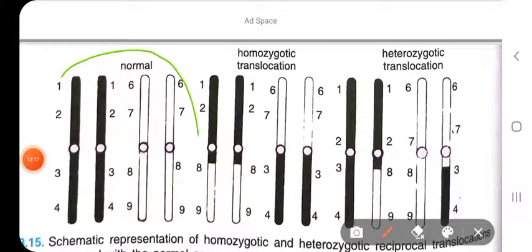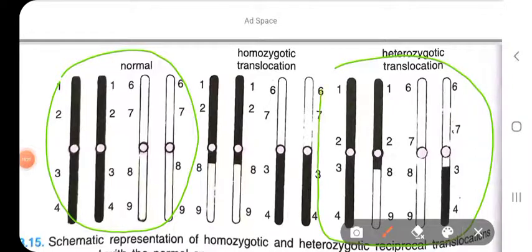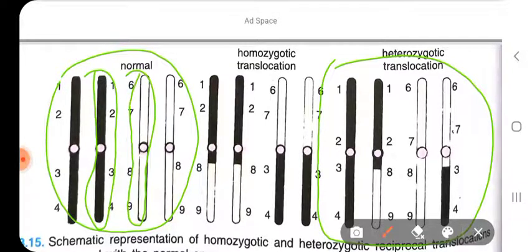Just look at this image and this image. In heterozygous reciprocal translocation, only one chromosome from the homologous pair is involved in the translocation process. The other chromosome from that homologous pair is normal.